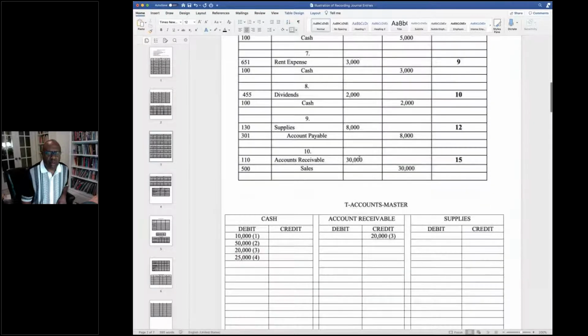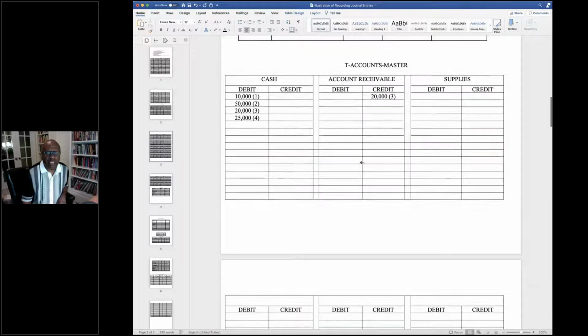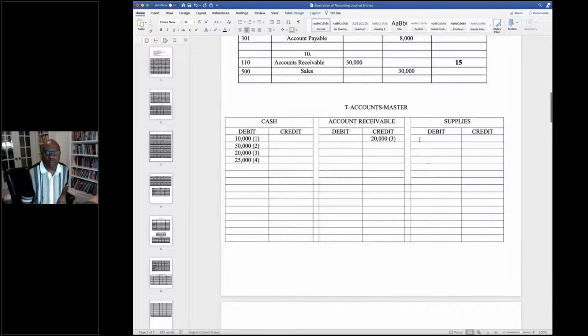And so we're going to go to our T account for supplies, and we're going to debit supplies for $1,000. And we now have our first credit to cash.